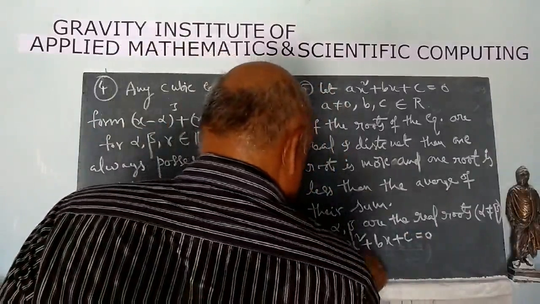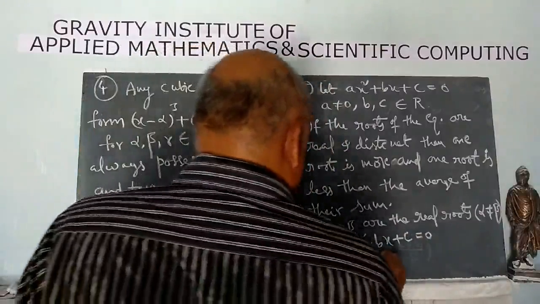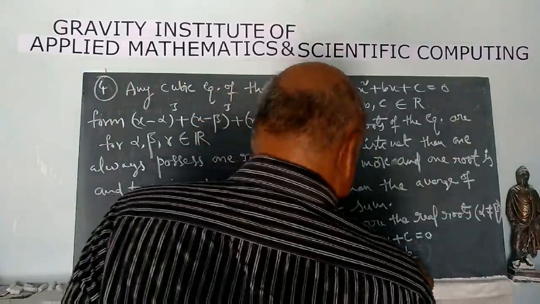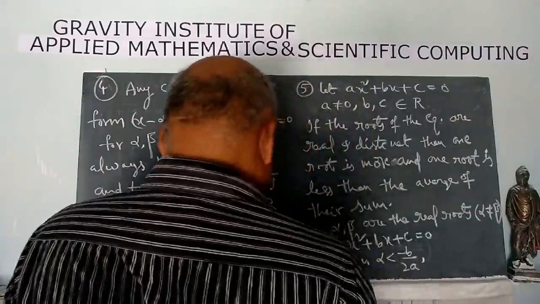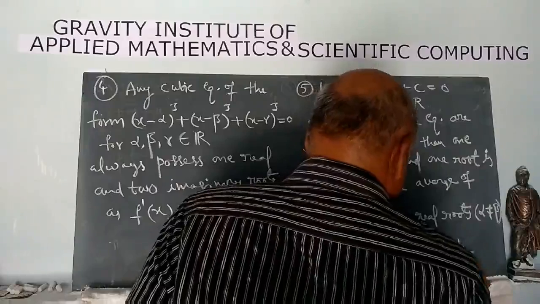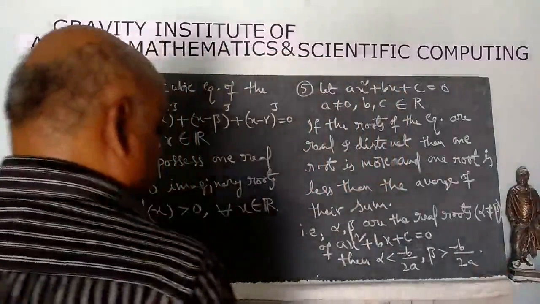Then alpha is less than minus b by 2a, beta is greater than minus b by 2a.